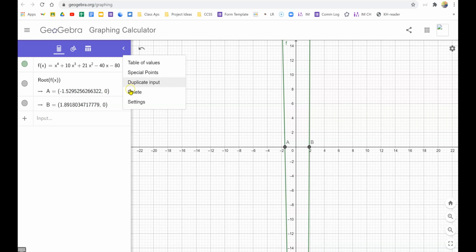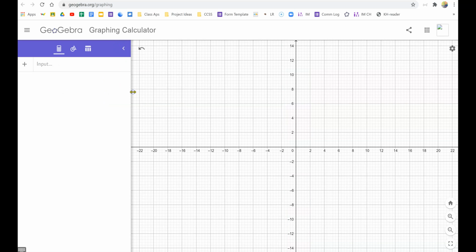We can delete what's in there by clicking on the 3 dots and deleting. And then you enter a new function. We're going to enter f of x equals 2x, use the caret key, squared, arrow to the right, plus 3x minus 4.